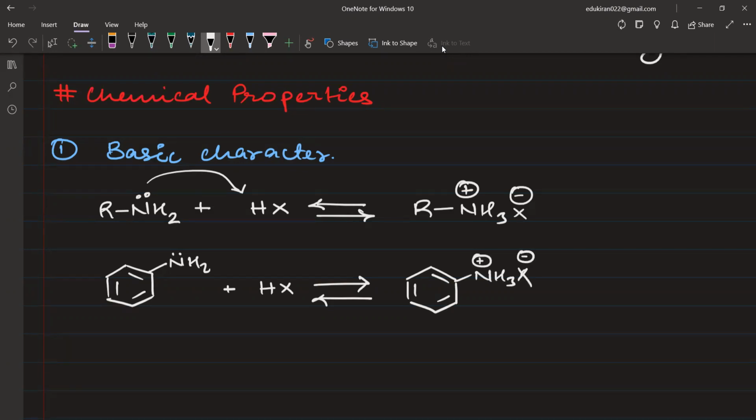So these reactions show that amines can react with hydrogen halides to form salts, and they show that it has basic character. It has some basicity in it. Okay, right, next.